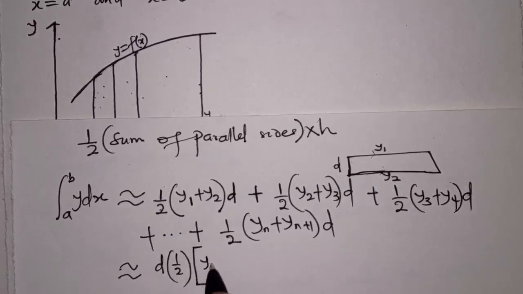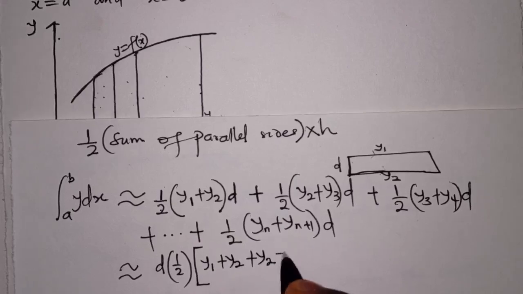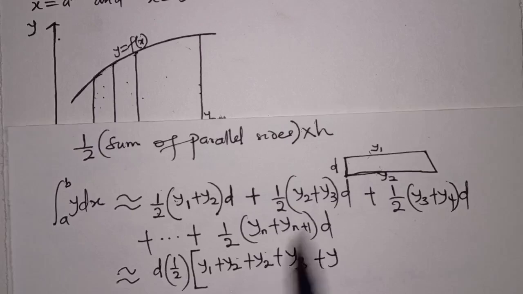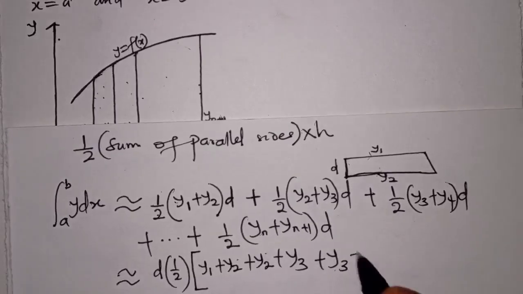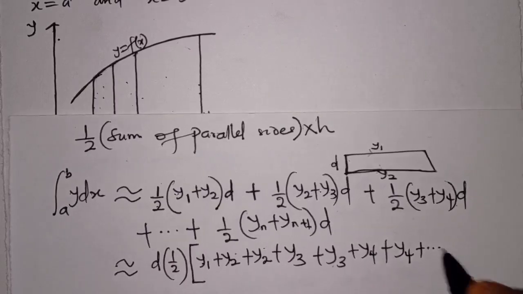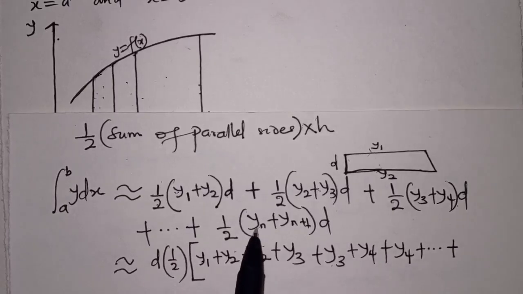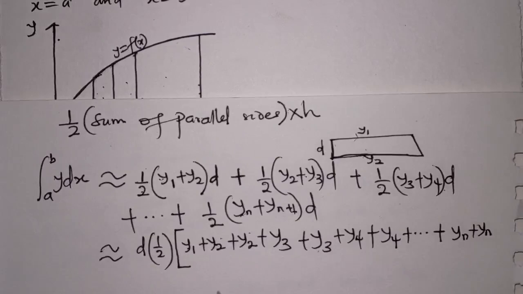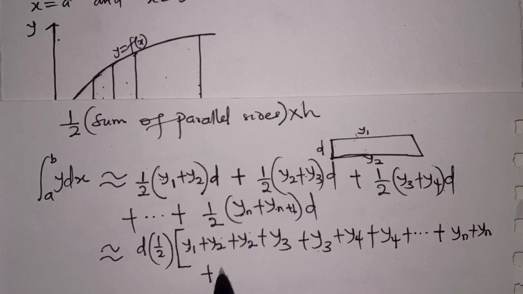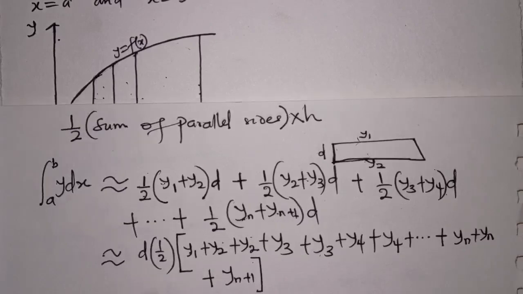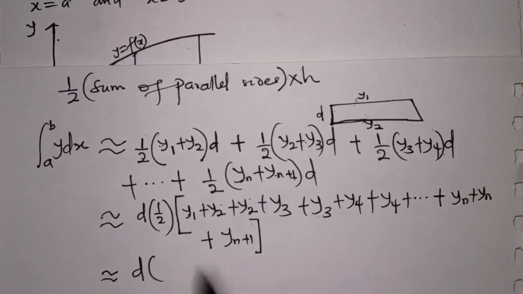I'll be having y1 plus y2, plus y2 plus y3, and this again, y3 plus y4, of course y4 is 2 of them, plus we have 2 of them that are yn also, yn plus yn, not done yet, plus the last one, which is yn plus 1.